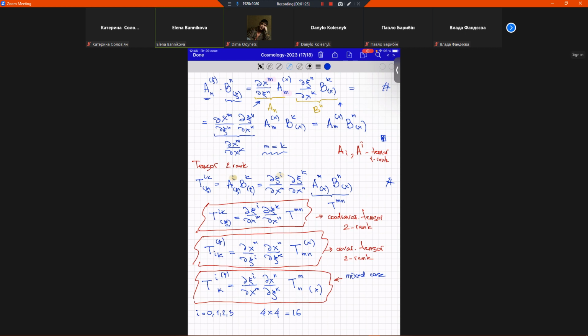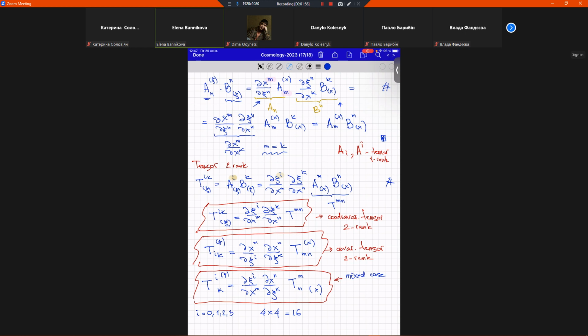Today we will consider some operations. We will speak about the general definition of the tensor, and also about the metric tensor, and we will look at some operations with tensors which will be important for us, and also some examples, for example, of the metric tensor.